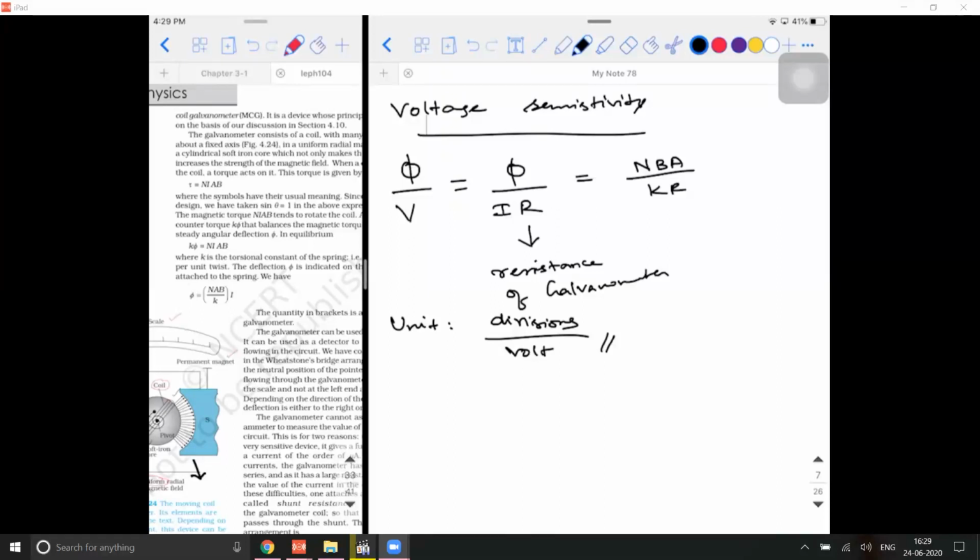There are two types of generators: a DC generator and an AC generator. What does an AC generator do? It keeps reversing its direction. So if you need to sense whether the direction is getting reversed or not, you need to use a galvanometer. That is why it's not like you keep reversing it every time.